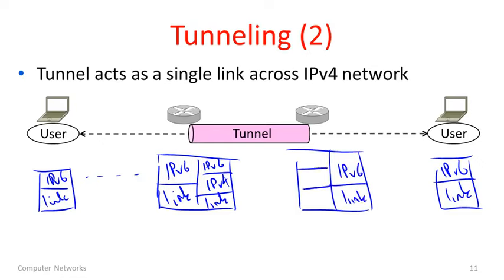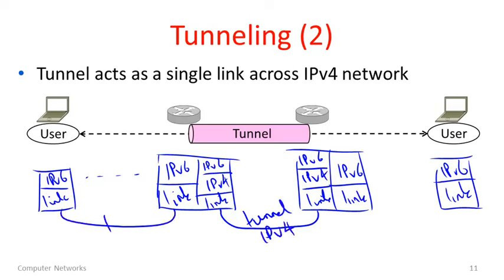So I'll have to have it in here. And this then will be our tunnel over IPv4. Whereas this is really a native IPv6 network, and so is this. So that's what the protocol layers will look like corresponding to those packet formats.